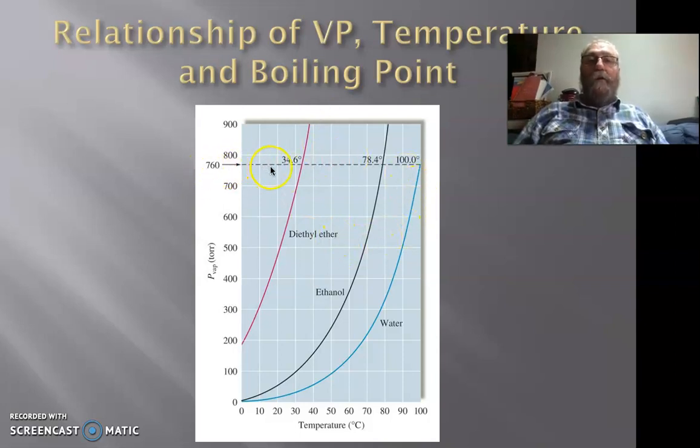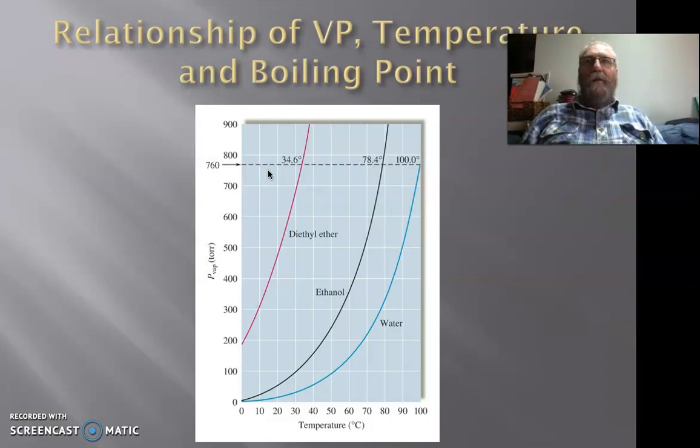So we need to have a clear understanding of what boiling really is. Boiling is the point at which the vapor pressure equals atmospheric pressure. For a liquid in an open container, it will continue to evaporate.